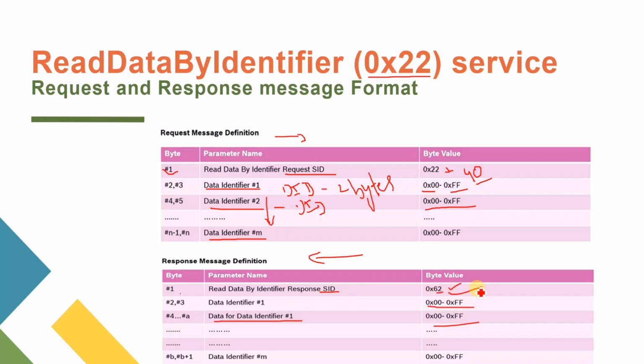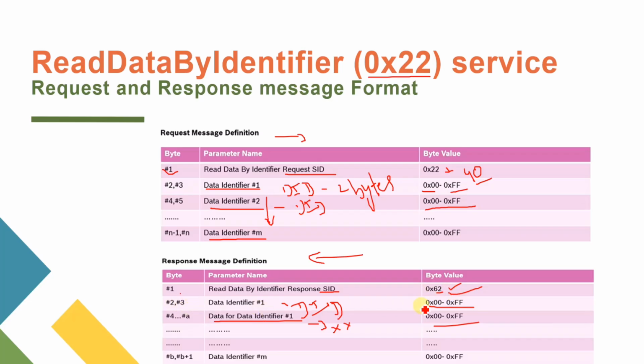62 is a positive response for the starting 1 byte, followed by whatever DID we requested, then followed by the information we need, right? The information we requested is appended after the DID. The server will give the data record in the next bytes. First byte is the service SID.